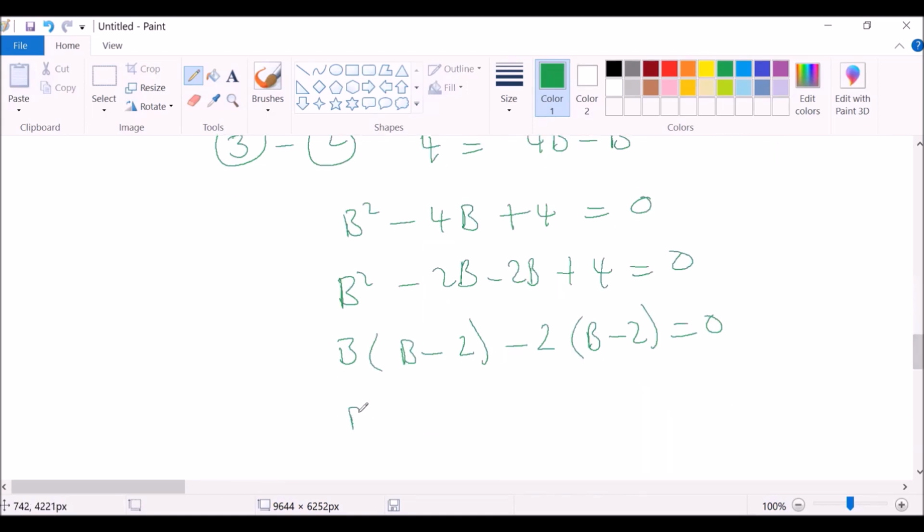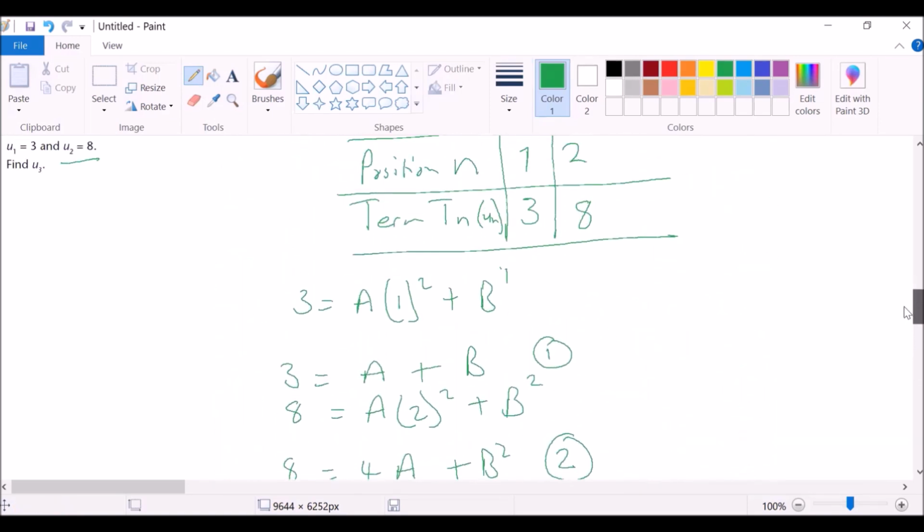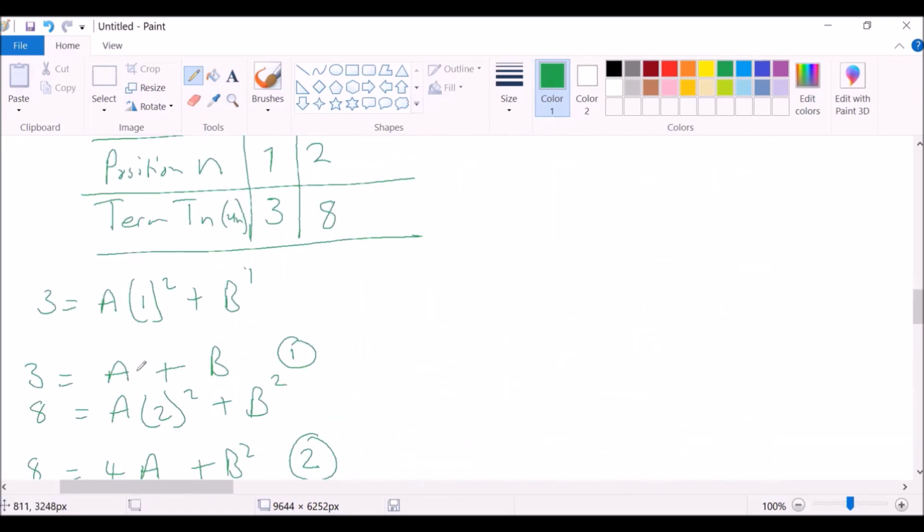So we have b minus 2, b minus 2 is equal to 0. Then we have b is equal to 2. When b is equal to 2, we would want to find a. Substitute b in 1. We have 3 is equal to a plus 2. We have a is equal to 1.